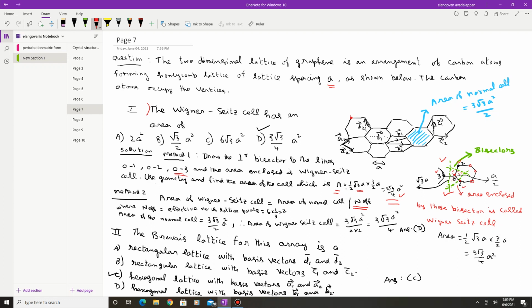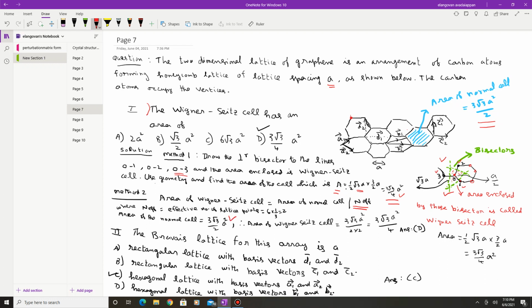The angle between any two lines is 120 degrees, so you can calculate the area of this hexagon easily. That is 3 root 3 by 2 a square, the area of the cell. So first you calculate the area of the normal cell.